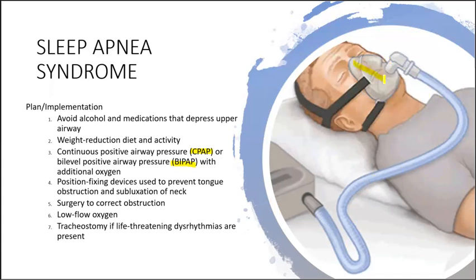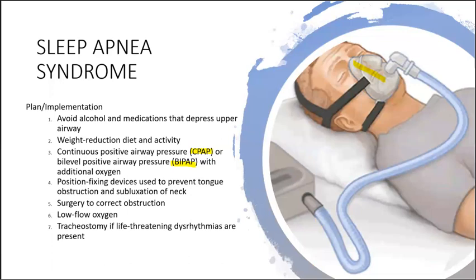So these are masks that are sealed around the patient's nose or mouth. So as the patient sleeps, the airstream from this CPAP machine pushes against any blockage, opening the airway so that the lungs can receive plenty of oxygen. So that's with your BiPAP and your CPAP.